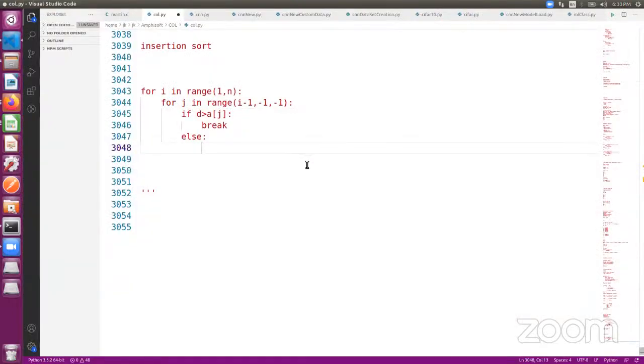So a of j, next position means current position is j, so the next position is j plus 1, a of j plus 1 is equal to a of j. That's all. So once we come out of the j loop, what should we do?